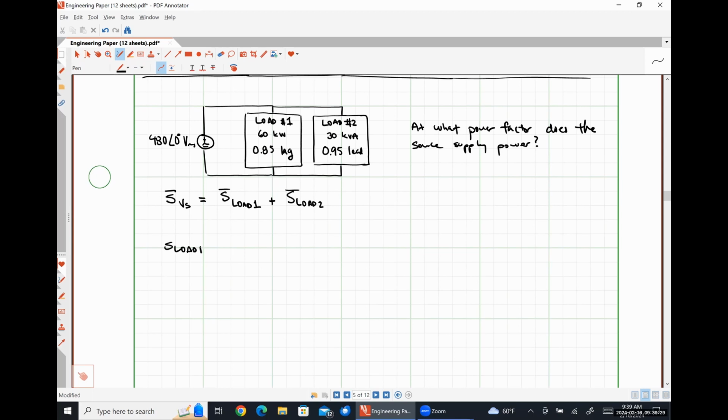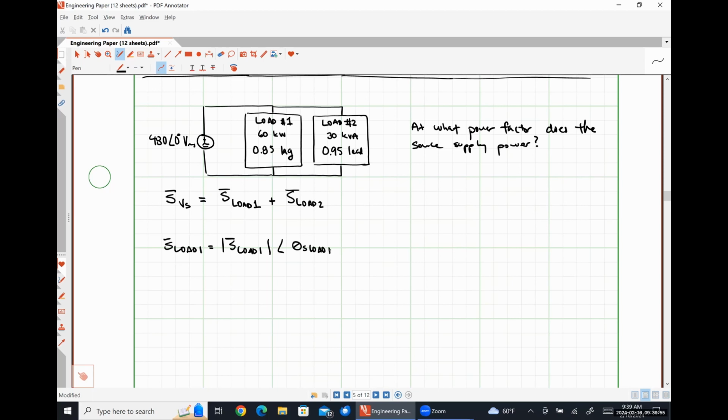It is going to be the apparent power absorbed by load number one with an angle of theta s, expressed as a polar form complex number. And this theta s, let's call it theta s load one.